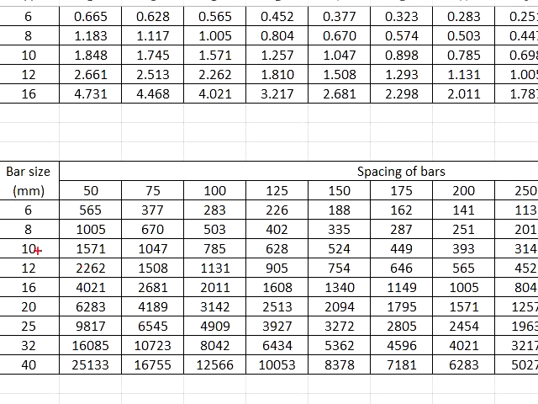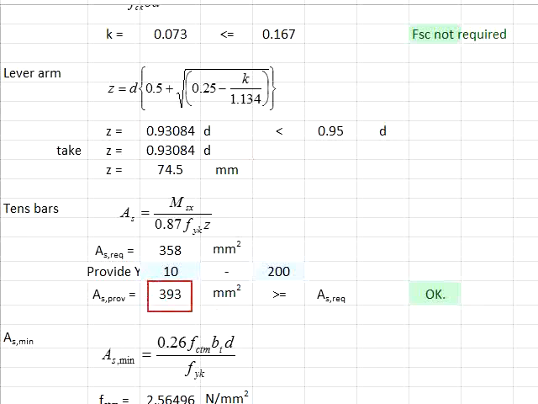You are talking about the bar size of 10 mm with the spacing of 200 mm that gives you 393 mm² reinforcement bar. The provided AS is now greater than the AS required. You know that the amount of reinforcement bar is sufficient.